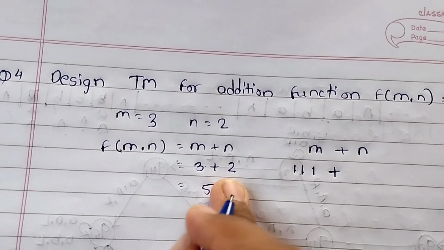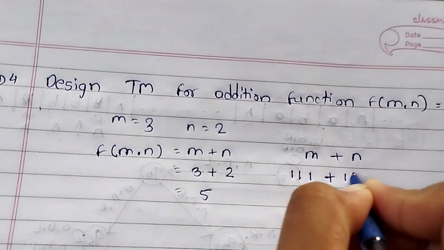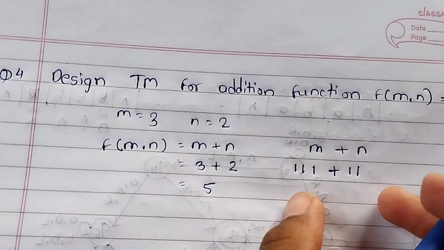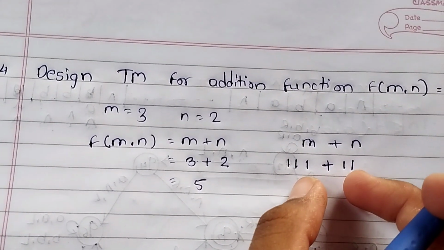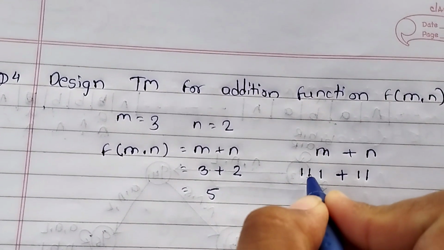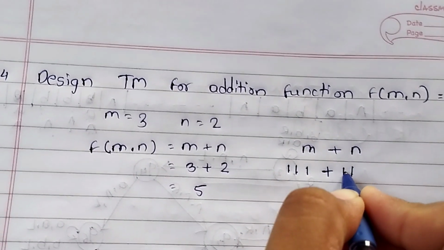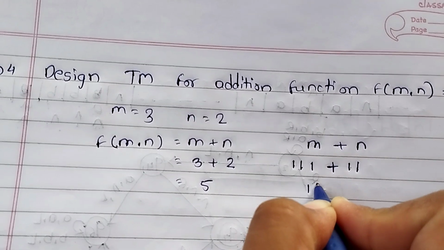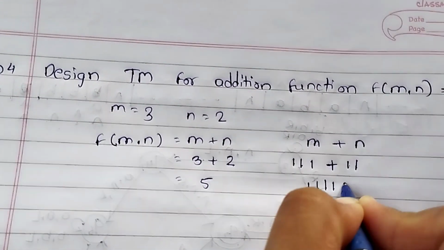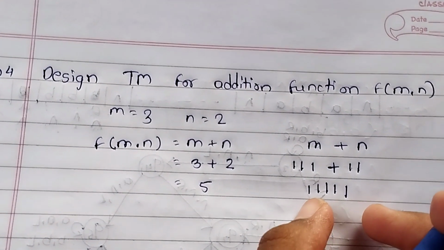So how do we write 2 now? Like this: 1 and 2. This is the unary form. And what is the sum of this m plus n? 5. So we draw here 5 ones: 1, 2, 3, 4 and 5. So this is the final answer.